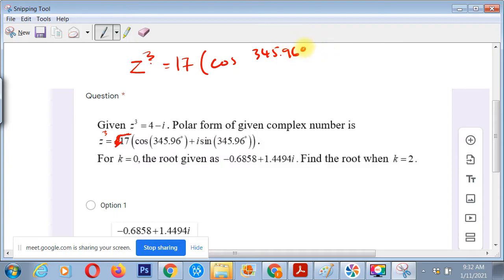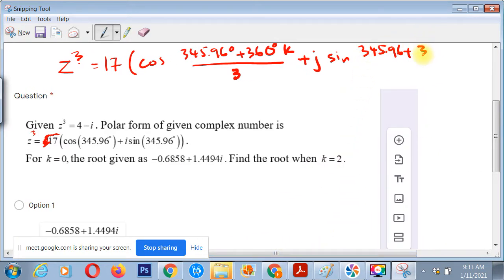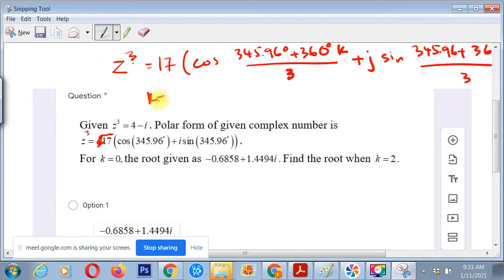345.96 degrees plus 360 degrees k over n, where n is 3, plus j sine 345.96 plus 360 degrees k over 3. So k equals 2.